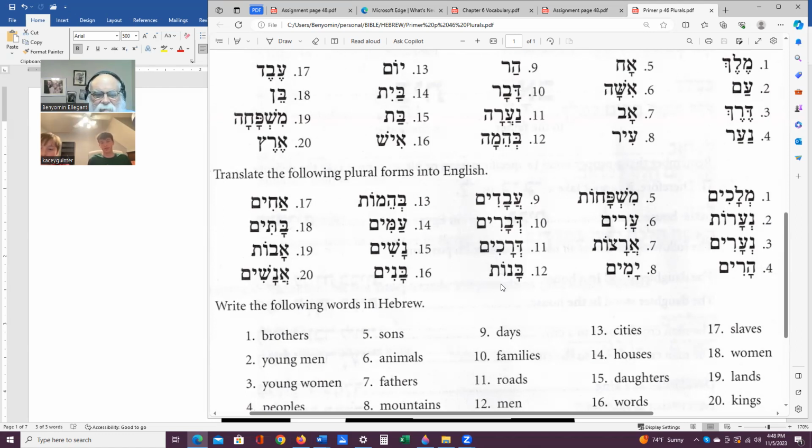Banot, daughters. Very good. You know, Caleb, you're really on the ball. I'm serious. Thank you. Behemot, animals. Are animals masculine or feminine? Feminine, unless it's a specific dog or specific cat.